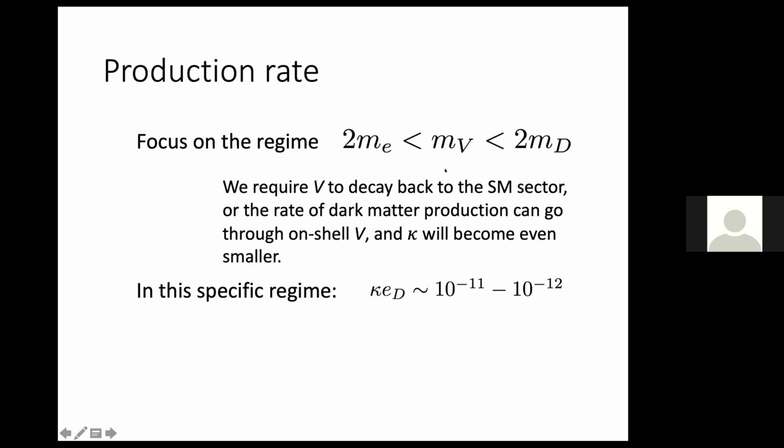That is why to have a signal, we want to set this MV to be between 2 times ME and 2 times the dark matter mass. So why must it be larger than 2 times the electron mass? So that it will decay into the electron, or it will overclose the universe, okay? And so in this specific regime, if we want to get the correct relic abundance, it turns out that this product kappa times E dark must be between 10 to the minus 11 and 10 to the minus 12, okay?